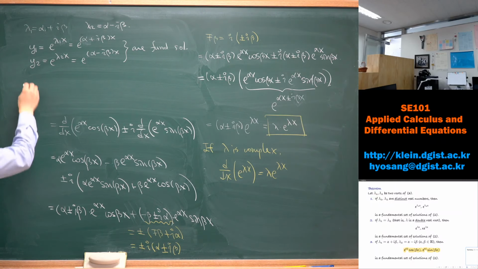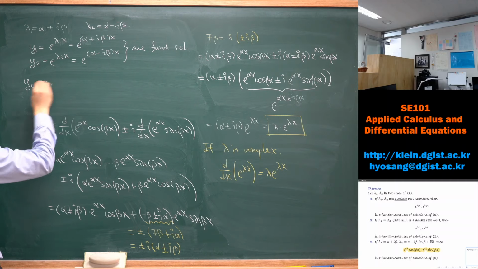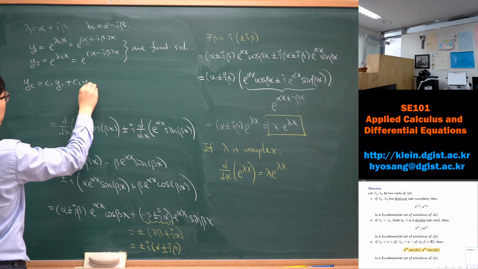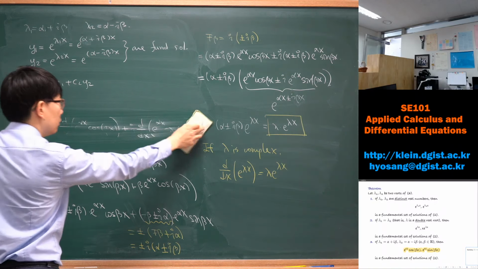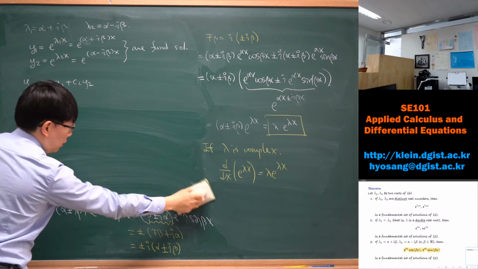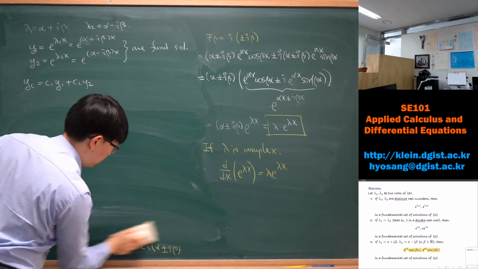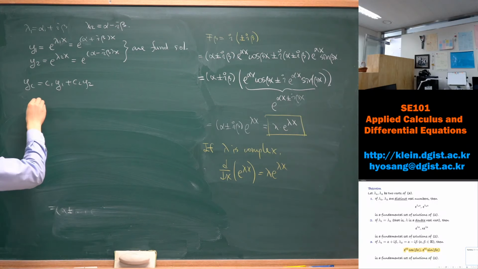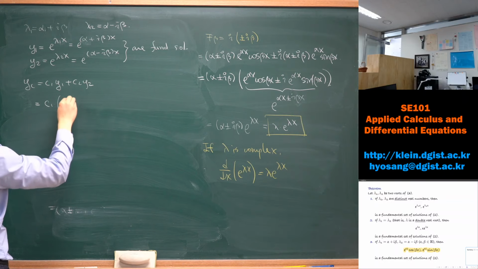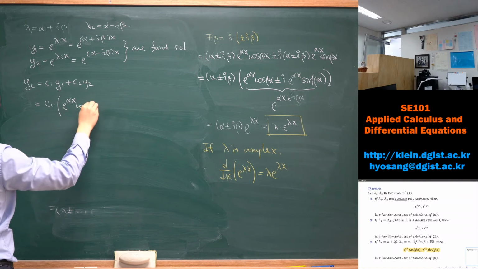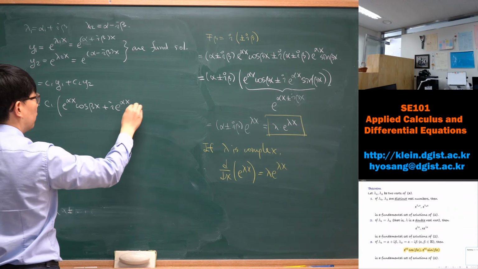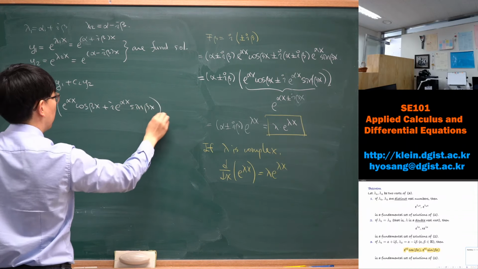However, if you write your solution C1 y1 plus C2 y2, that seems like it's a complex function, because y1 is e to the alpha x cosine beta x plus I e to the alpha x sine beta x.